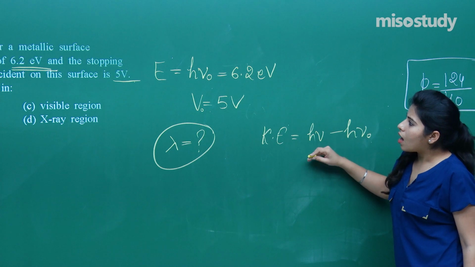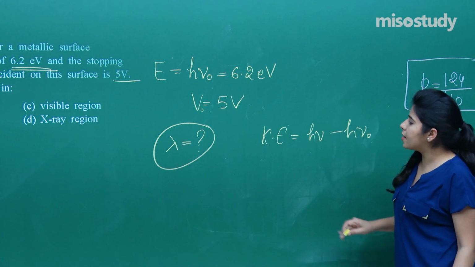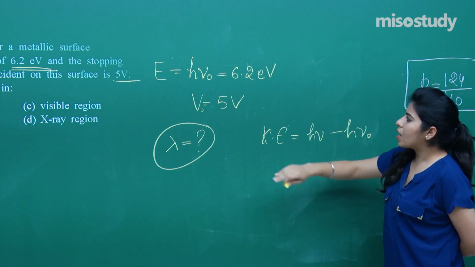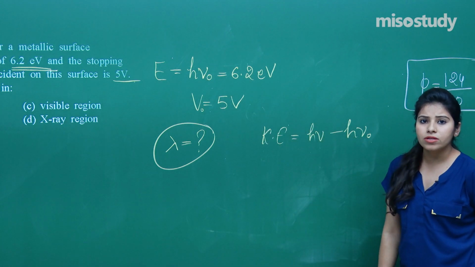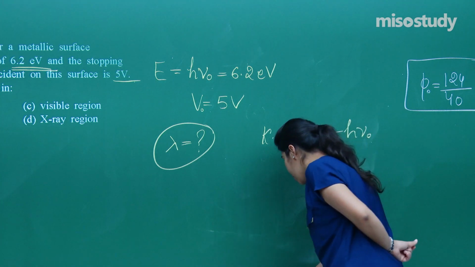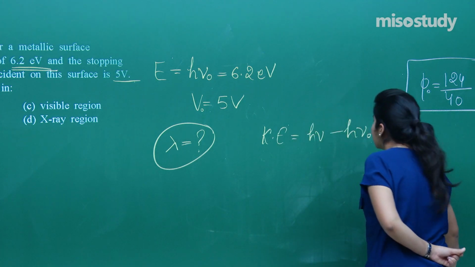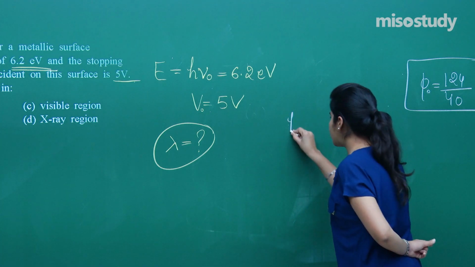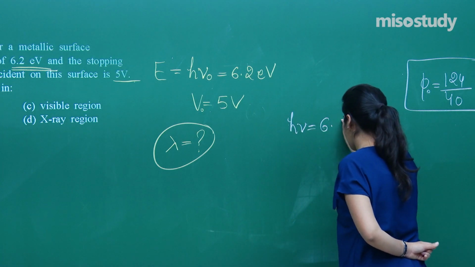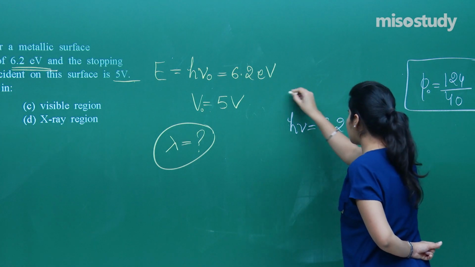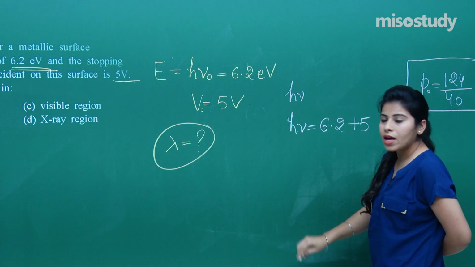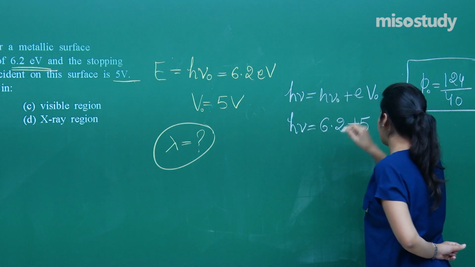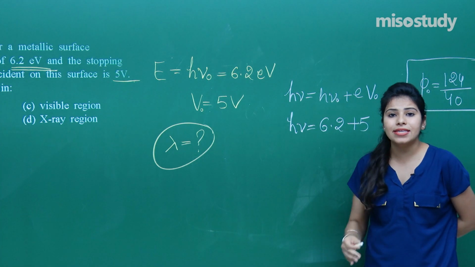The kinetic energy can be written as e into V, where V is 5 volt. Let me start with h nu equals 6.2 plus 5, because we know that h nu is nothing but h nu naught plus e into V naught. How can I say this?